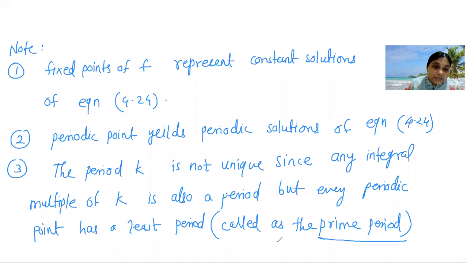Then f raised to 6 at v is also v, f raised to 9 at v is also v. So any integral multiple of k is also a period, but the smallest positive integer for which f raised to k at v is equal to v is called the prime period. Is that okay? Yes, ma'am.